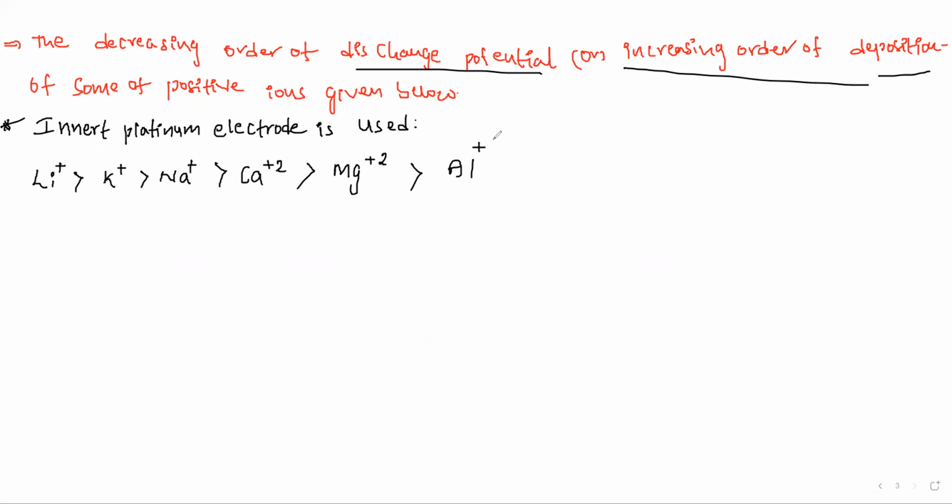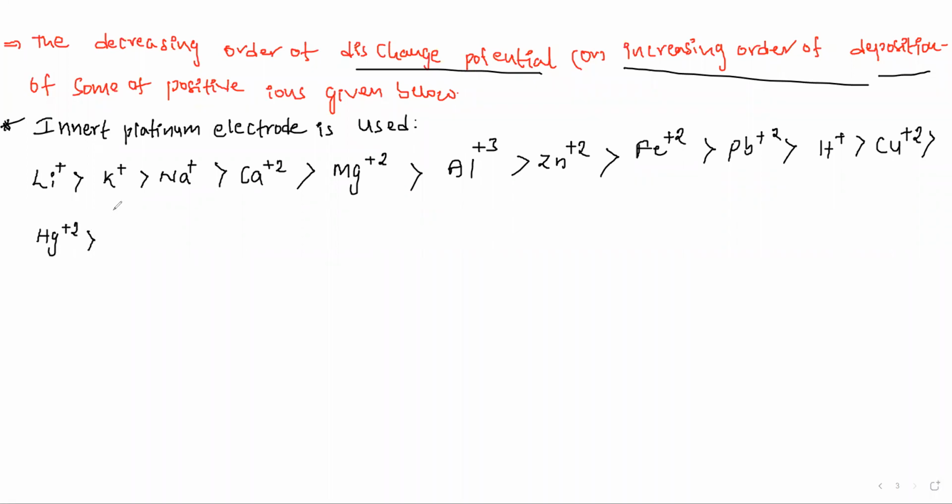After Al plus 3, then zinc plus 2, then iron, next lead, next hydrogen H plus, next Cu plus 2, next mercury, next silver, platinum, gold.